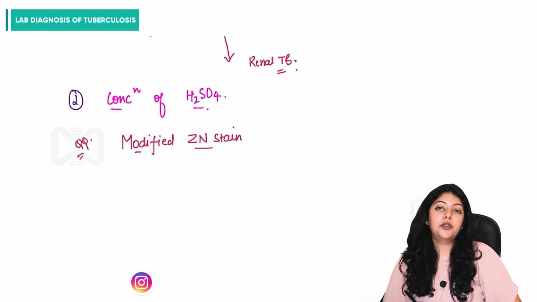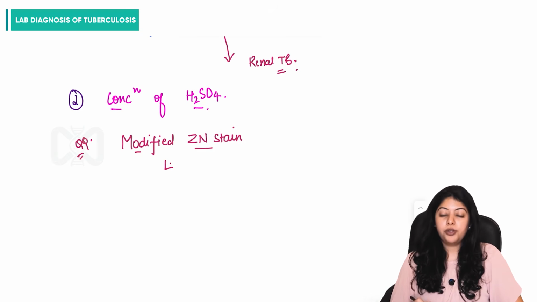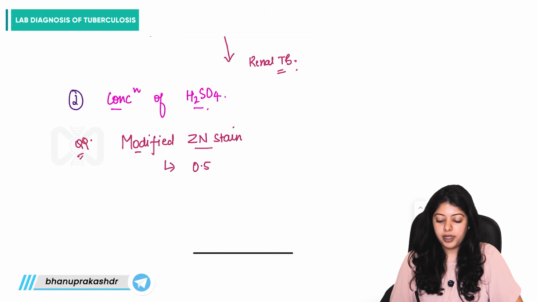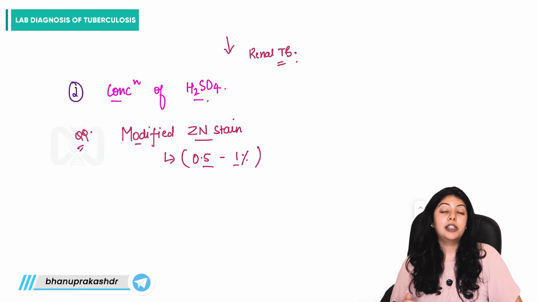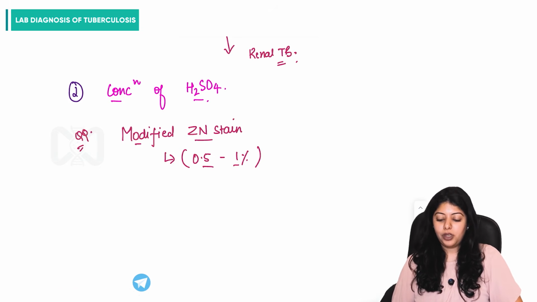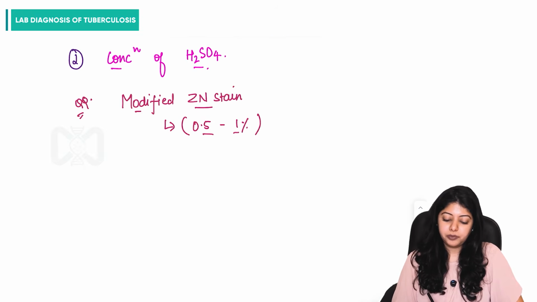And in this particular method, what is the modification? It is lowering the concentration of H2SO4 from 0.5 to 1% for staining of different other species or different bacteria. What are the different species?